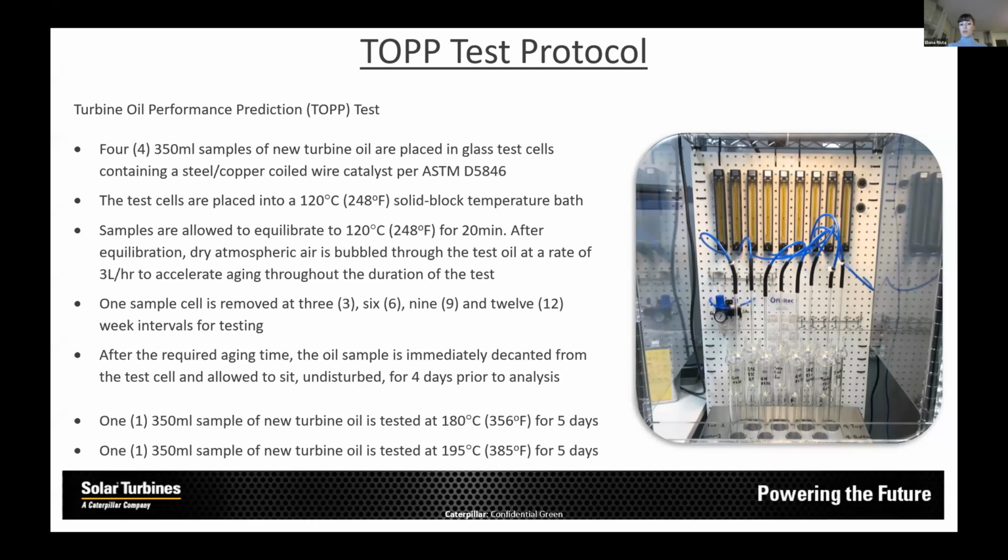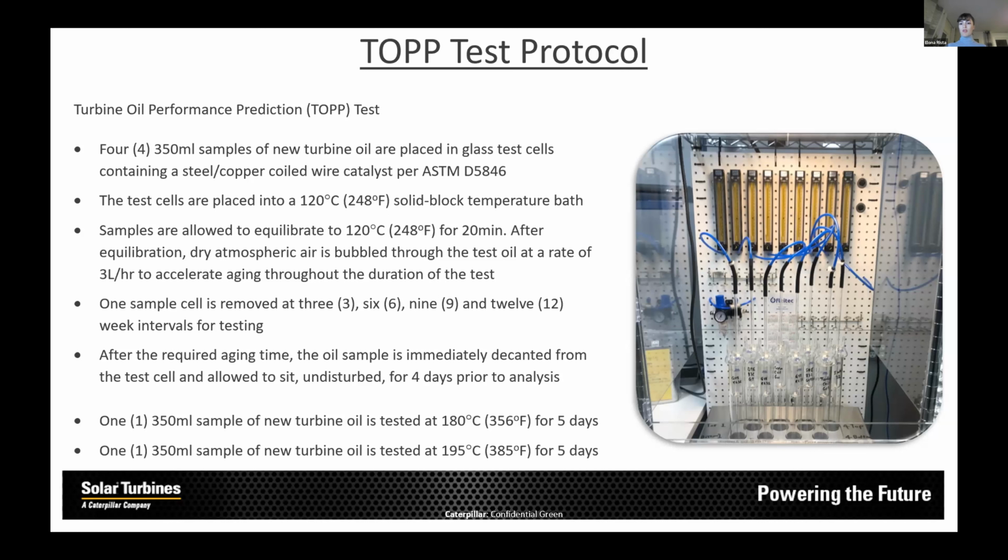Out of the 4 cells, we pull out one periodically at different milestones. We perform an analysis of the oil at time 0, and this is our baseline of the new oil. Then we take a sample after aging the oil for 3 weeks, for 6 weeks, for 9 weeks, and finally the last sample is taken out at 12 weeks.